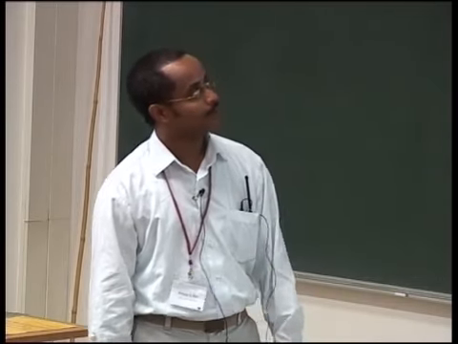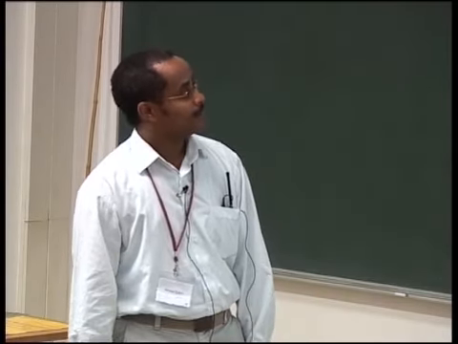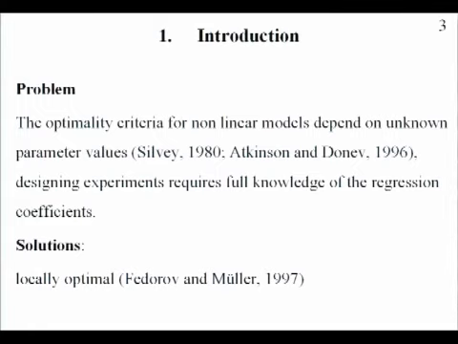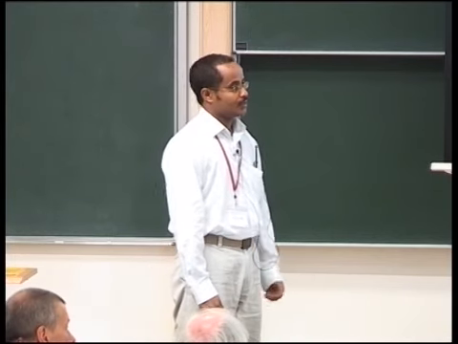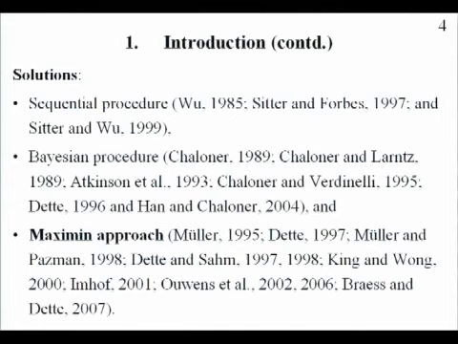So that's the problem technically, and some of the solutions suggested in the literature are just to start with initial values and get designs which are optimal around these initial values, and also to have sequential procedures. Start with initial values and do your experiment, update the parameter values and continue with the experiment. The other solution is to work with a Bayesian approach by assuming a certain prior distribution for the parameters.